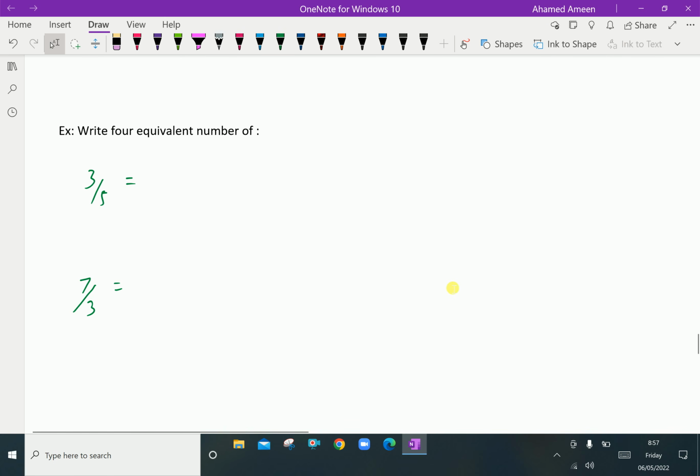Next, write 4 equivalent forms of this number. 3 by 5 is a rational number, so multiply by 2 it is 6 by 10, multiply by 3 it is 9 by 15, multiply by 10 is 30 by 50, multiply by 20 is 60 by 100.